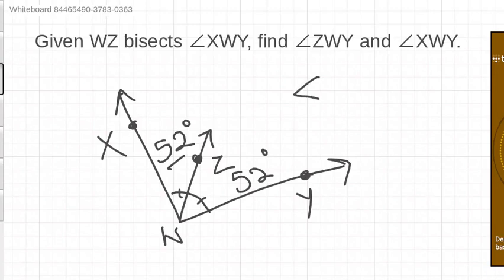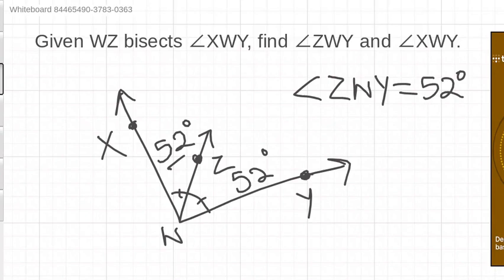Then we want to find the bigger angle, but we know that angle ZWY is 52. For the bigger angle, all we're going to do is just add those two together because those two smaller angles make up the big angle. So 52 plus 52 is just 104. So angle XWY is 104.